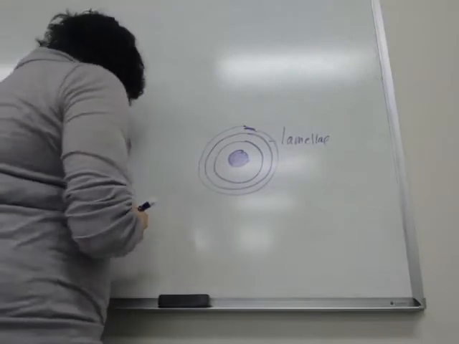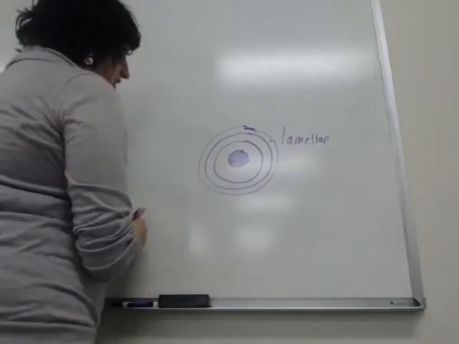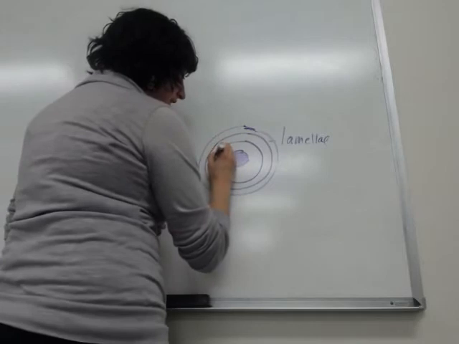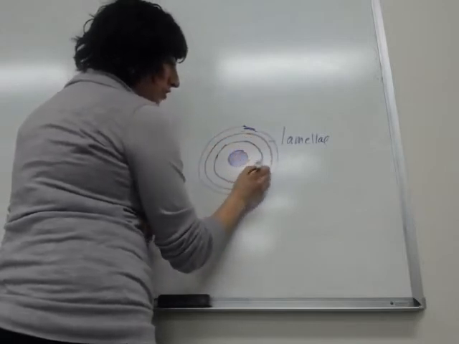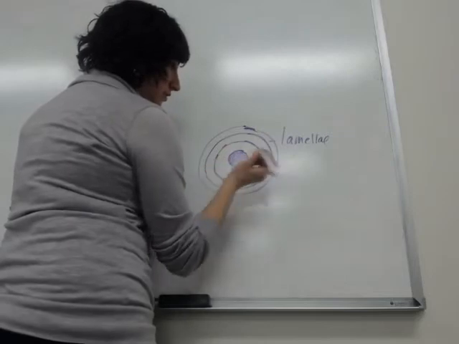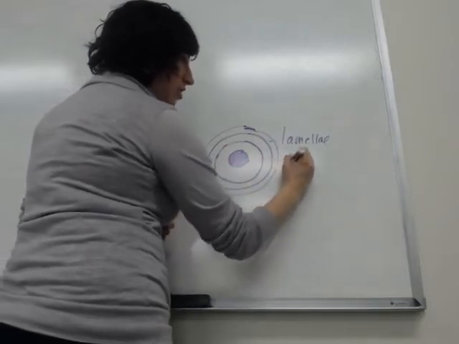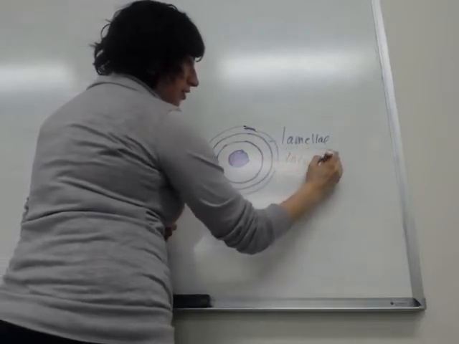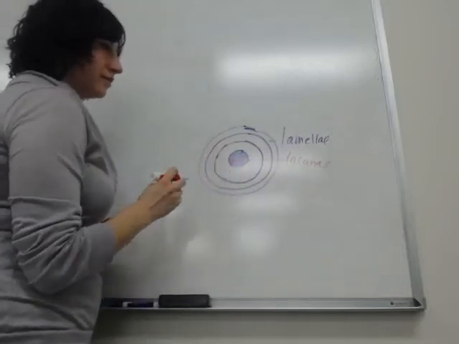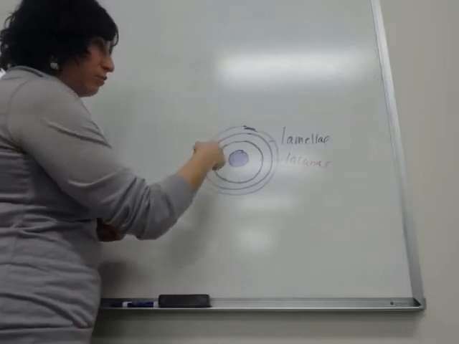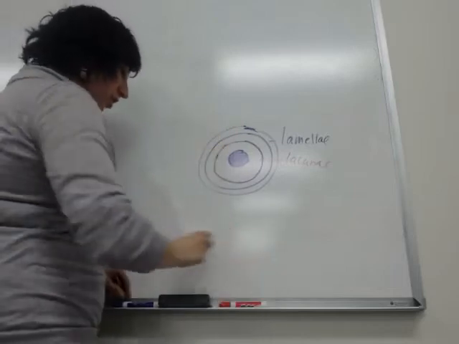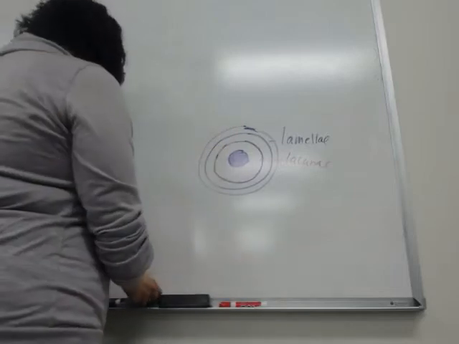And then along the edges here, you're going to find these little tiny cavities. This is where you're going to find your osteocytes, those mature cells. And these are our lacunae. They're little cavities along the rings where you're going to find your osteocytes.